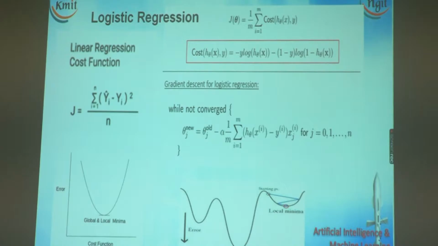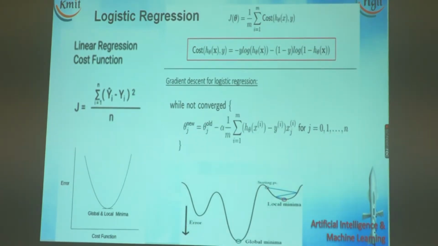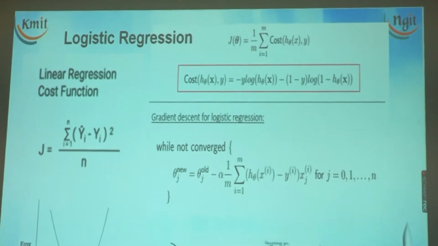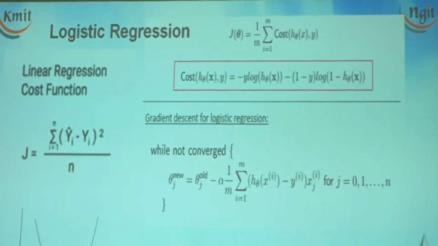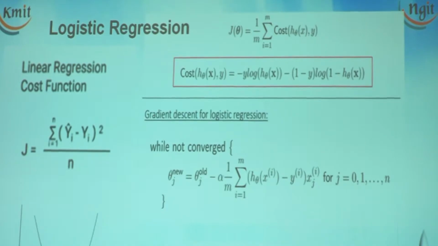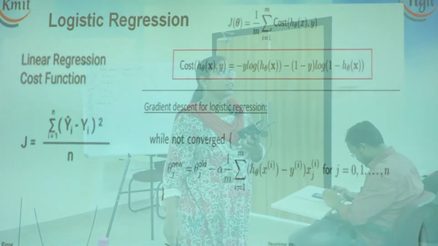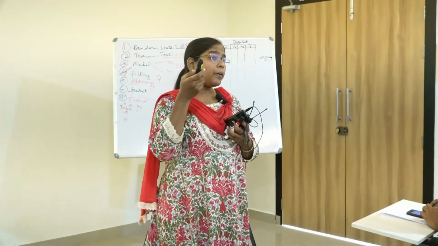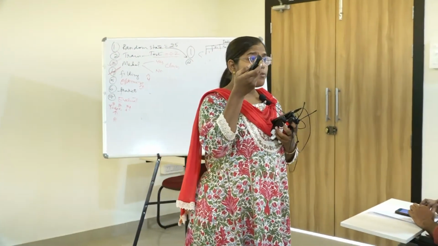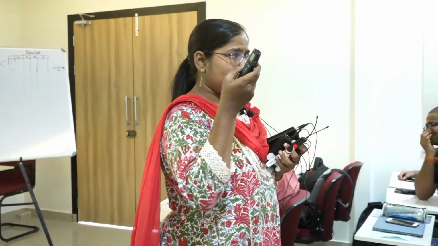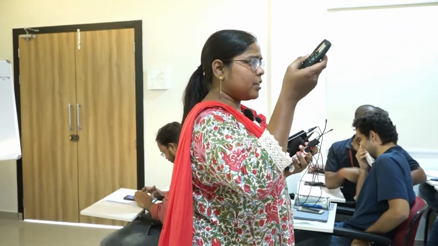Coming to logistic regression. Have you heard about any word called cost function? When we get overfit, it has high variance; when we get underfit, we have high bias.